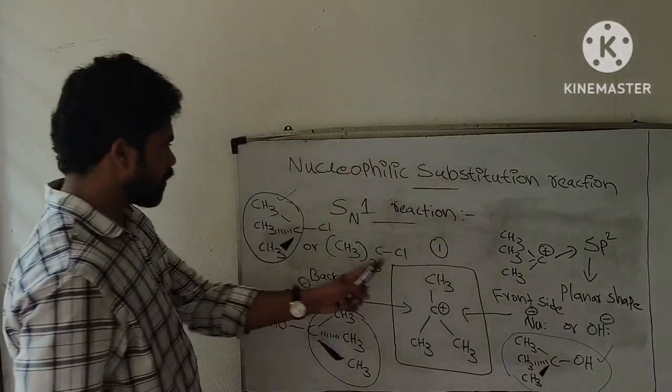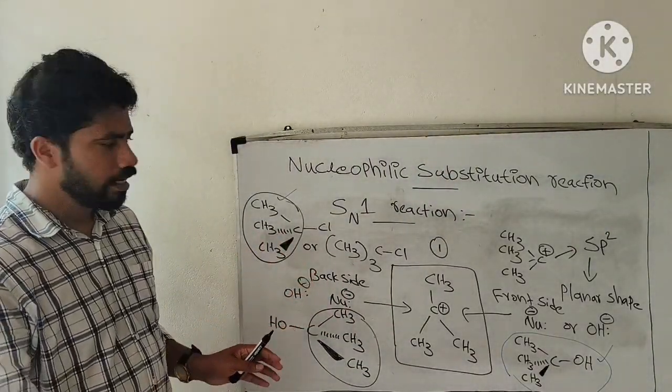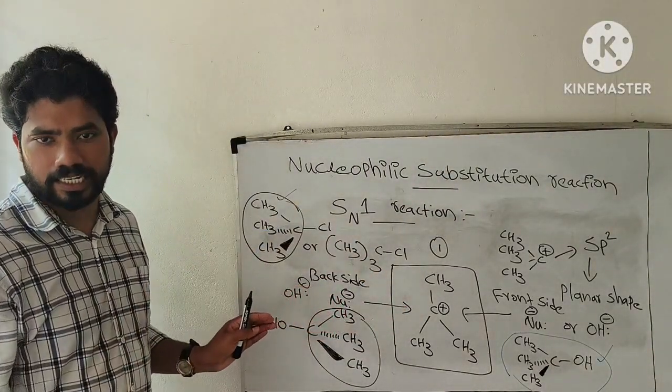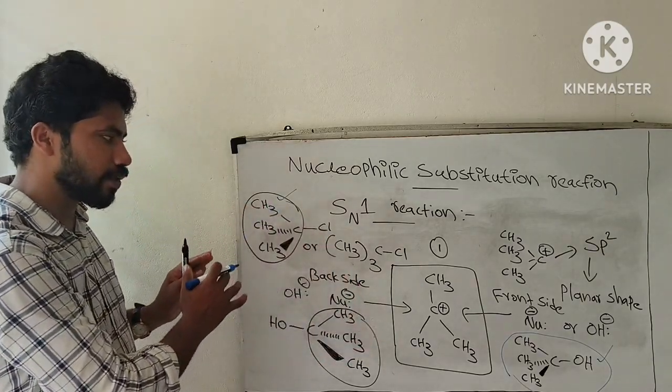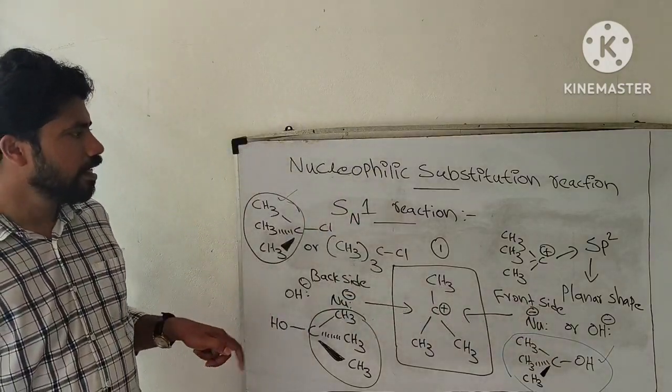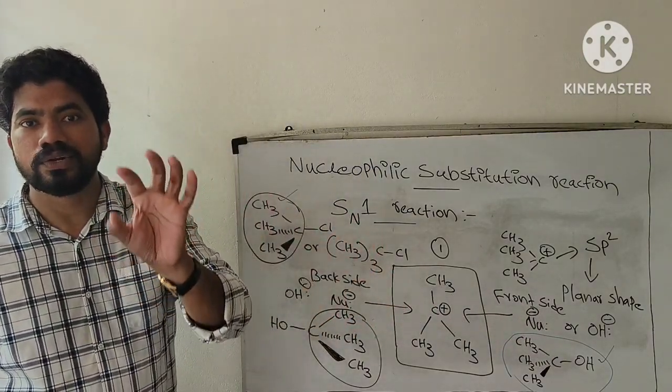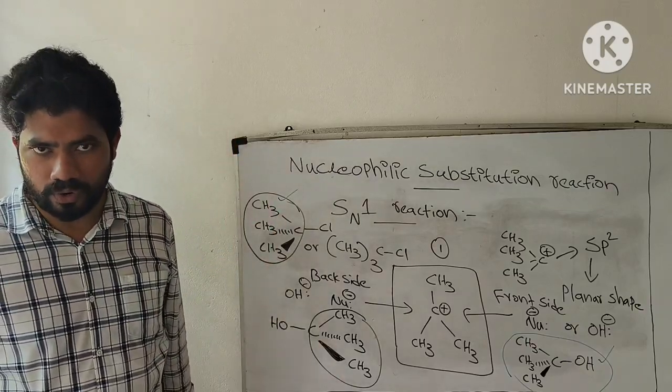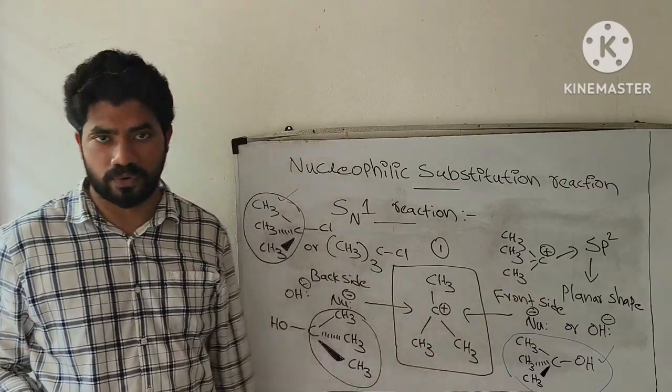Dear students, look at this structure and this structure. Can you see any difference in the configuration? No difference. Configuration is retained. Configuration is preserved. So once the nucleophile attacks from the front side, the configuration is retained or preserved. There is no change in the configuration. It is called retention of configuration.